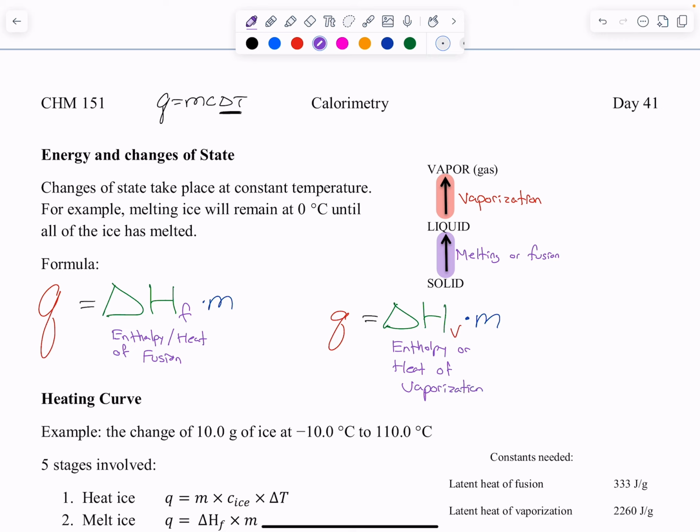Okay. Now, why does that matter? So when we go from solid to gas, right? Bonds are broken. That means energy is required.